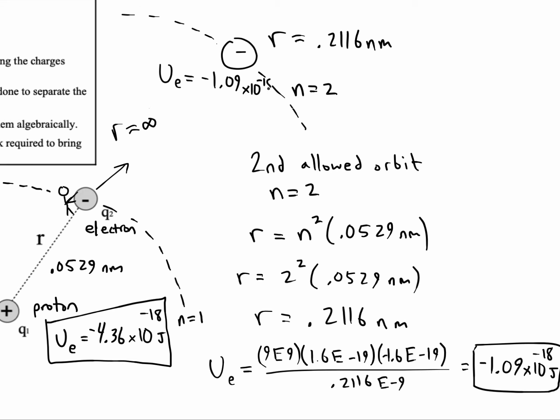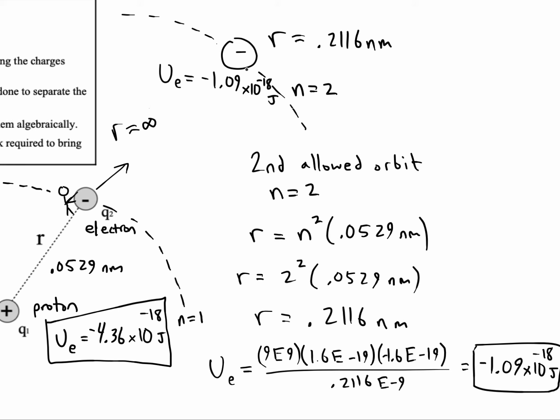When charges have opposite signs, the potential energy can be thought of as the work required to separate the particles. So here, when the plus and minus are very close, it requires 4.36 times 10 to the minus 18 joules to pull that electron out to infinity.